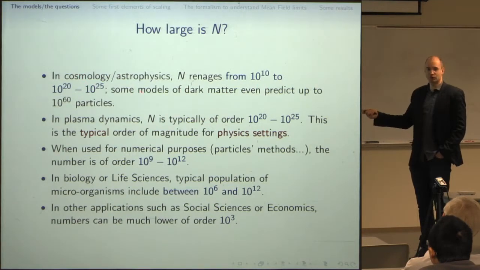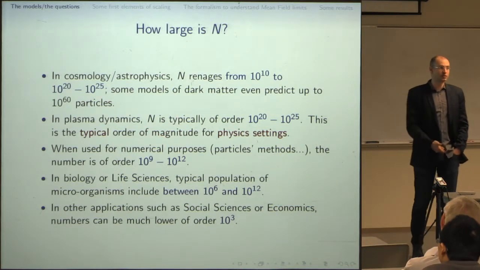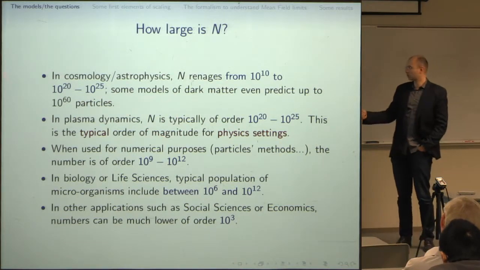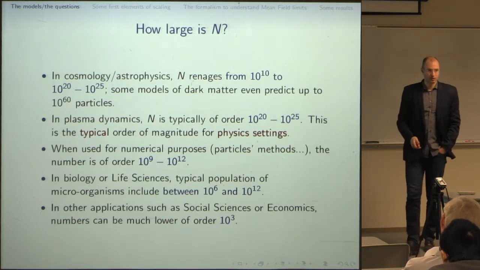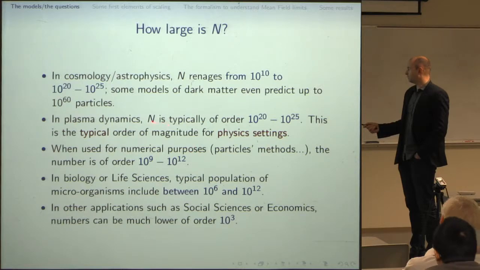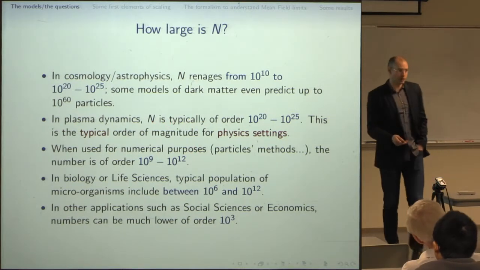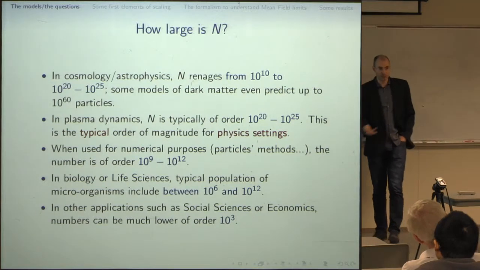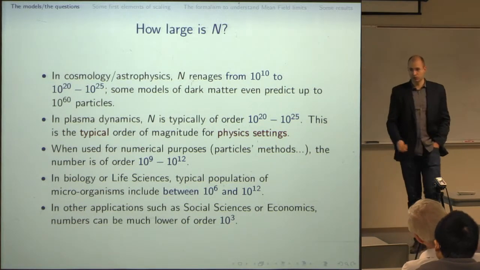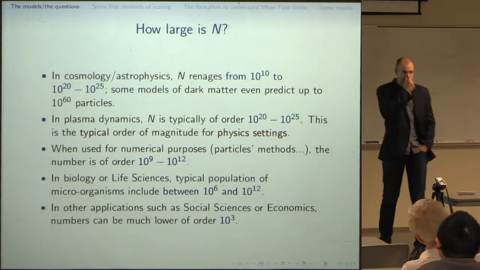Some models of dark matter, a very controversial subject, use up to 10 to the 60 particles, so that's a horribly large number. In other applications in physics, n is typically of the order of the Avogadro number. Plasma dynamics is a very good example, and then you find yourself at 10 to the 20, 10 to the 25.